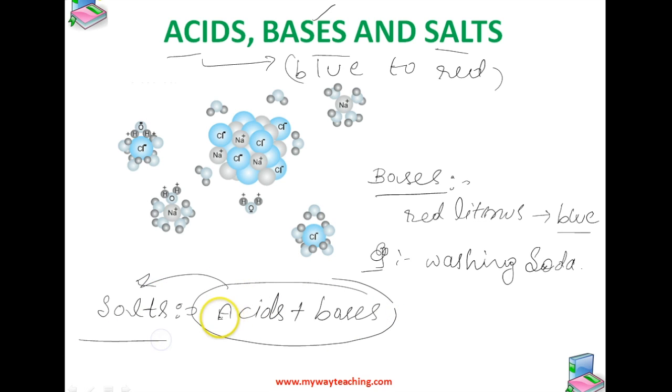Okay, so this is about acids, bases, and salts. This is the figure. Dissolution of sodium chloride in water, Na+ and Cl-. Ions are stabilized by their hydration with polar water molecules. Okay, this is about acids, bases and salts.